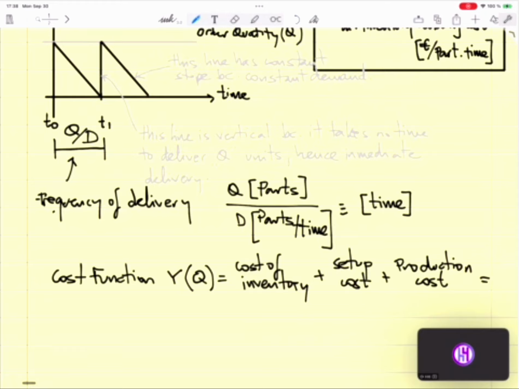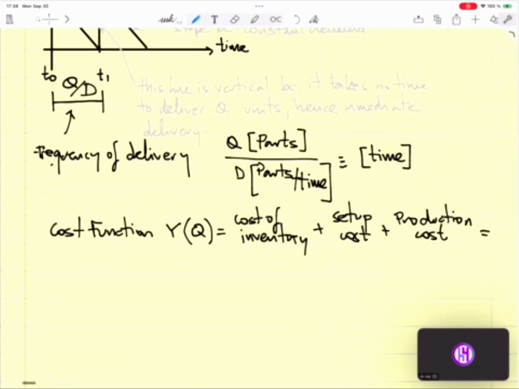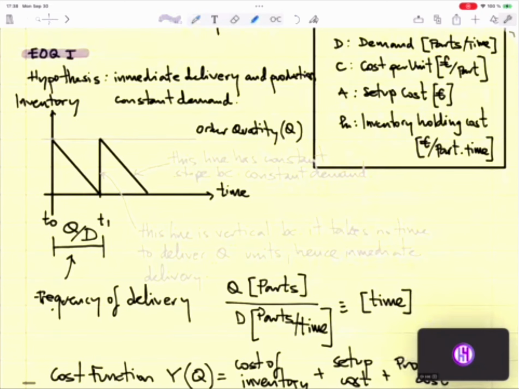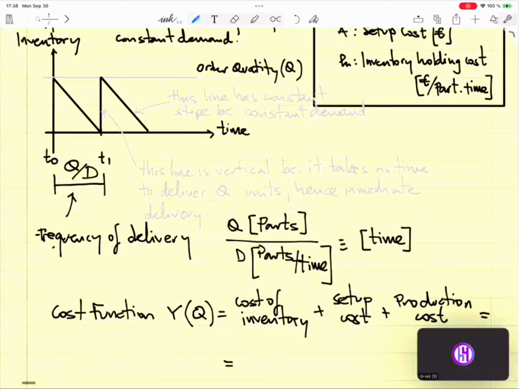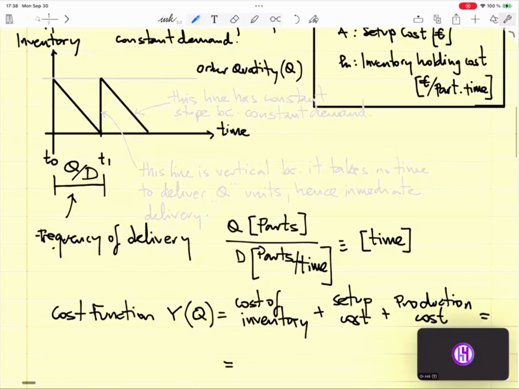Okay, so how much is the cost of inventory? If we have the inventory holding cost and we multiply it by the average inventory, then we have the cost of inventory.